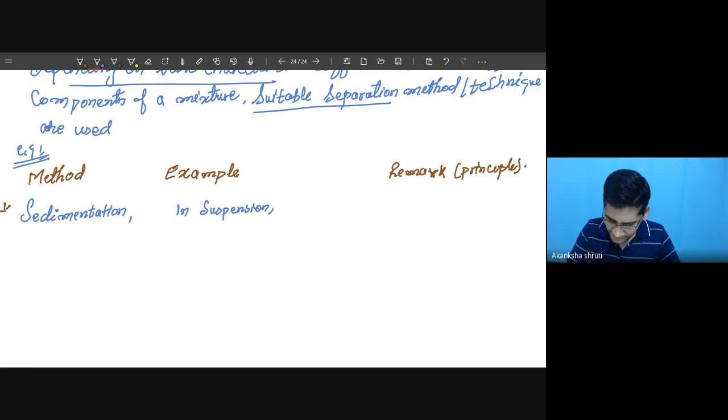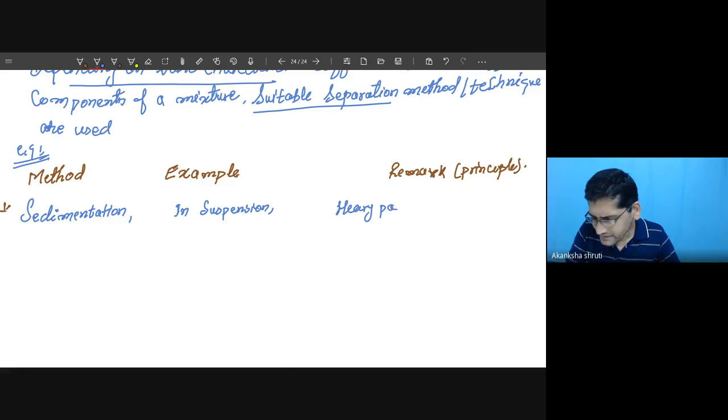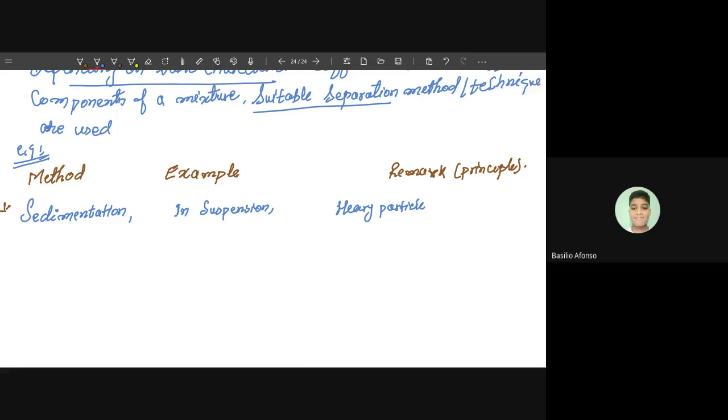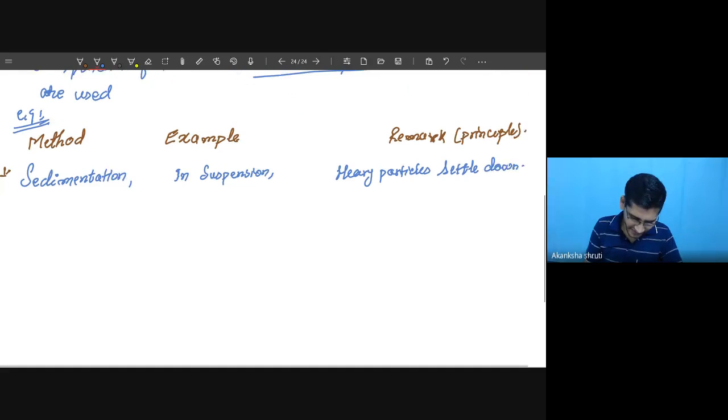What is the principle? The principle used is that heavy particles settle down. This is the main principle, while the lighter particles will come over.